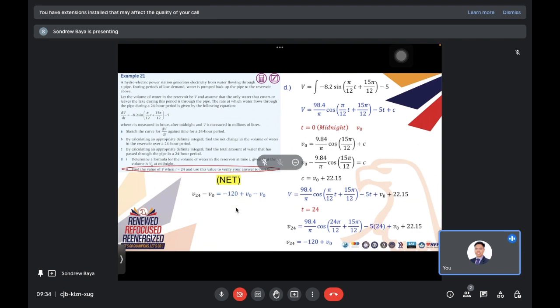If you simplify this, the net change really is negative 120 meter cube. Therefore, it confirms that what we did in letter b is the same as the answer in letter d. Thus, when we talk about net change, we can just use the method that we used a while ago. If you want it longer, then you can use this one. So this is somewhat an explanation, a proof or a confirmation that what we did previously in b and c really is correct.